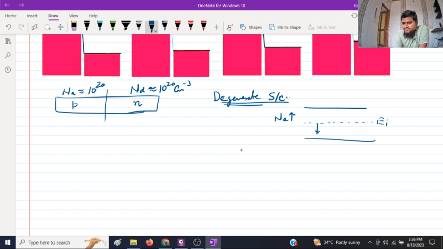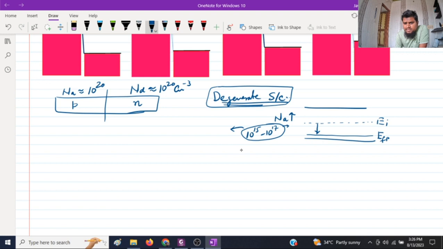This is a normal P-type material, and the doping level is generally 10 to the power 15 to 10 to the power 17. This is called the nominal doping. Less than this it is light doping. Above 10 to the 17 it is called high doping. But degenerate semiconductors are very highly doped.